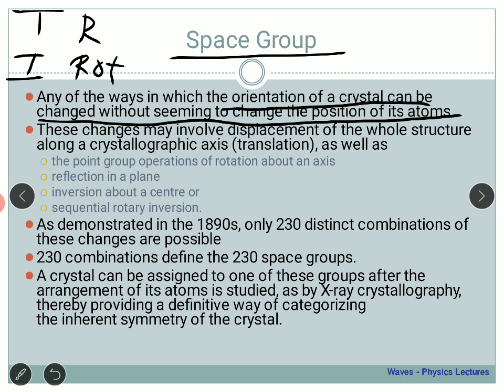I think you already remember reflection. If you can have a mirror image on both sides, so if you have a structure something like this, and you break it into this part and this part, and they resemble each other, that means it has one reflection symmetry, and so on. Similarly you can talk about translation, but please remember this translation is for lattice points.